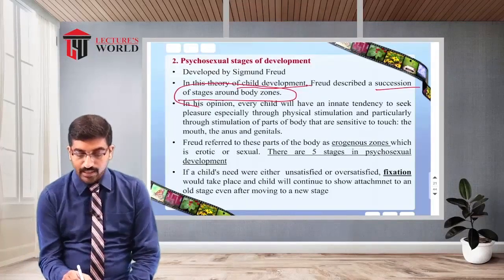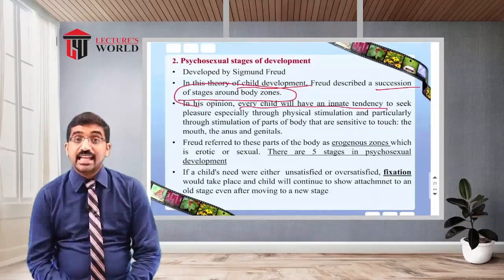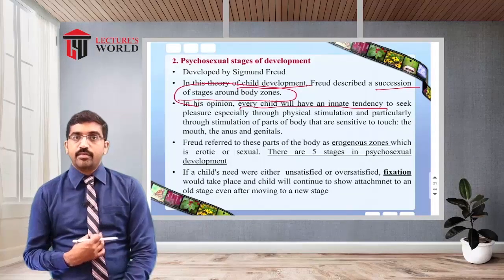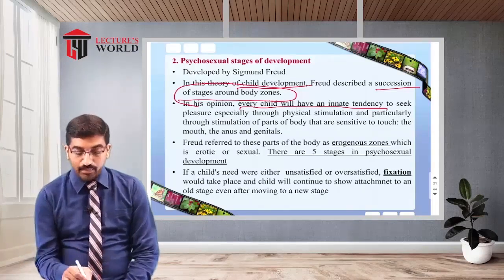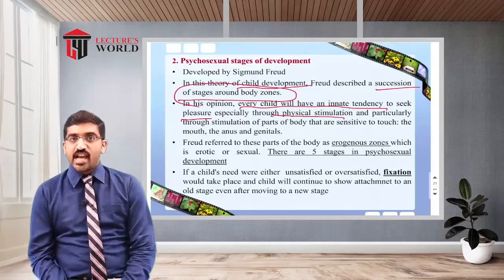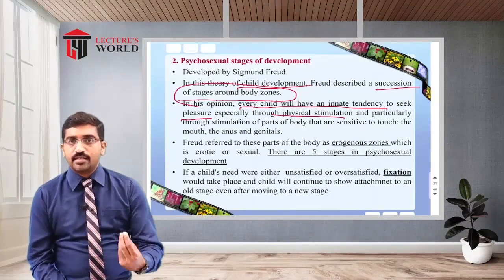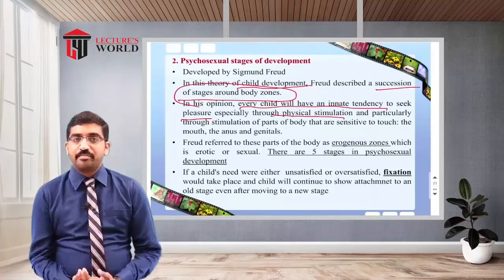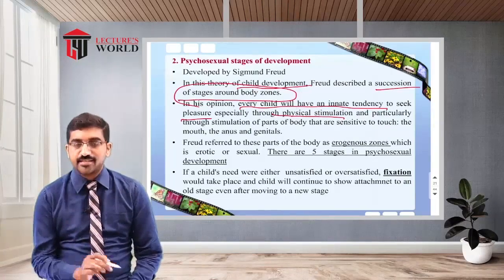According to his opinion, every child will have an innate tendency. Innate means by birth. It is given by birth only, to seek pleasure through physical stimulation. If a newborn baby is touched by the mother, that touch is a physical stimulation, right?